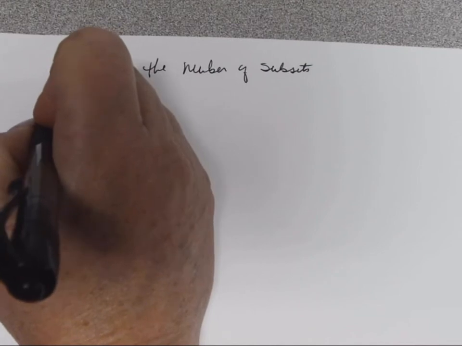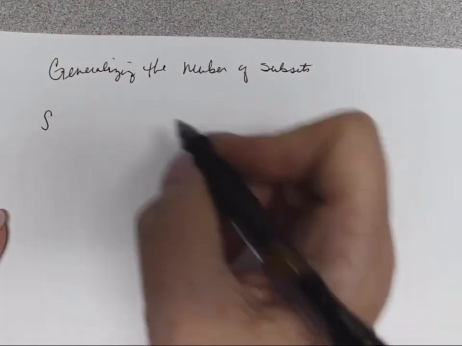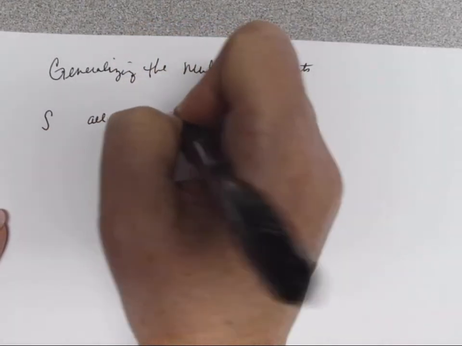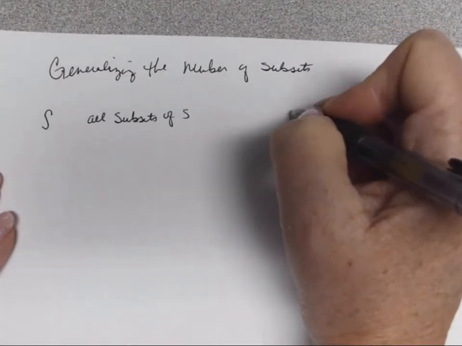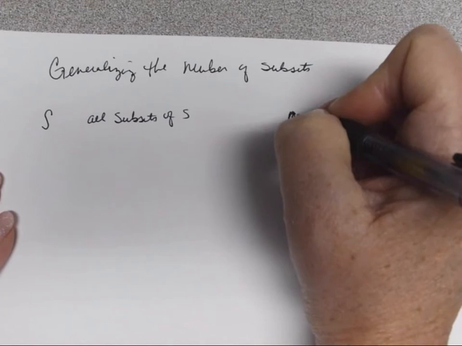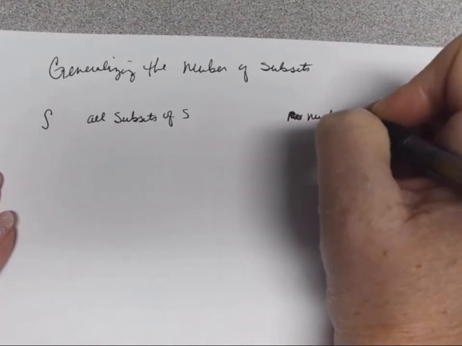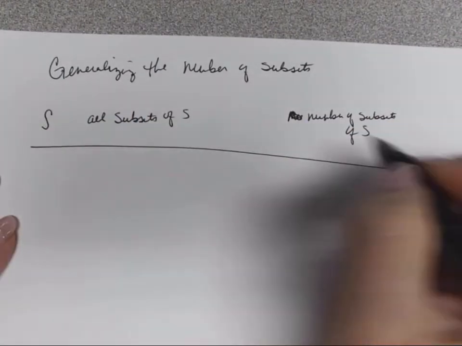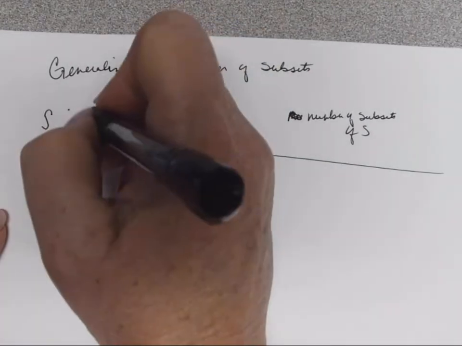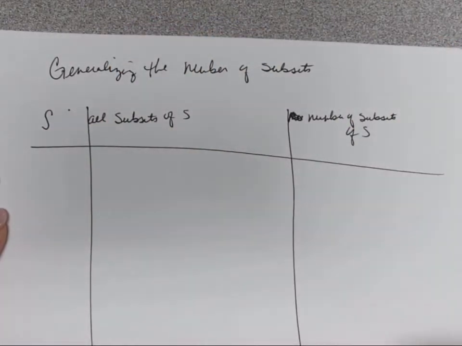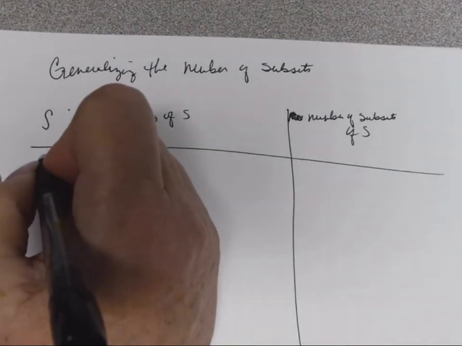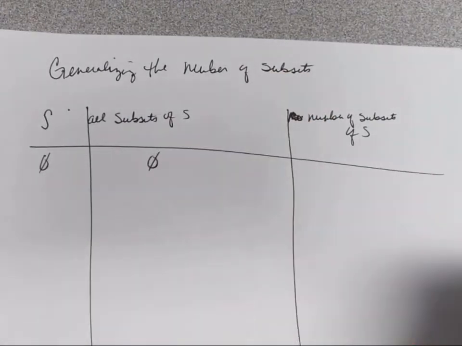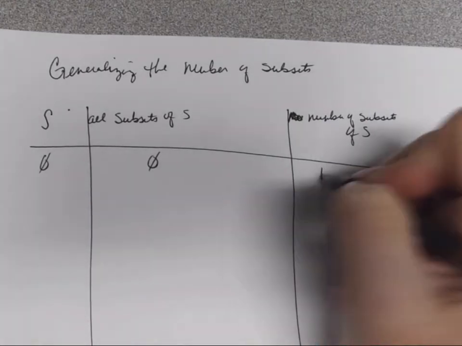So we're going to call this set S. All subsets of S, and then the number of subsets of S. All right, if our set is just the empty set, then we have just the empty set as a subset.